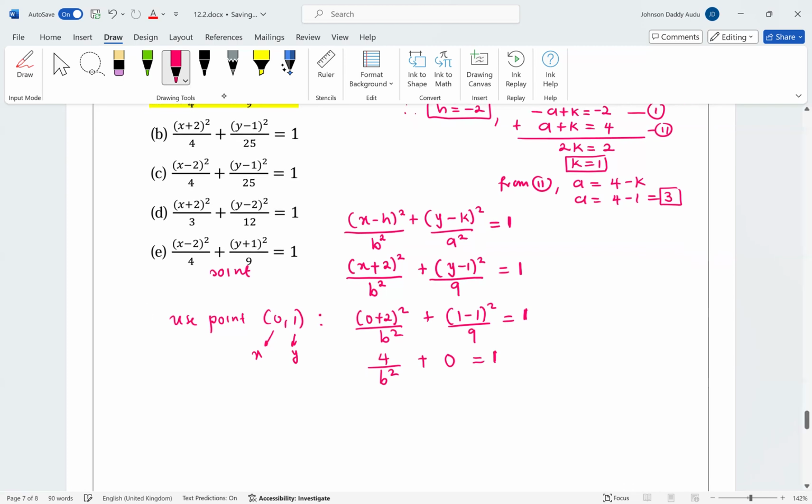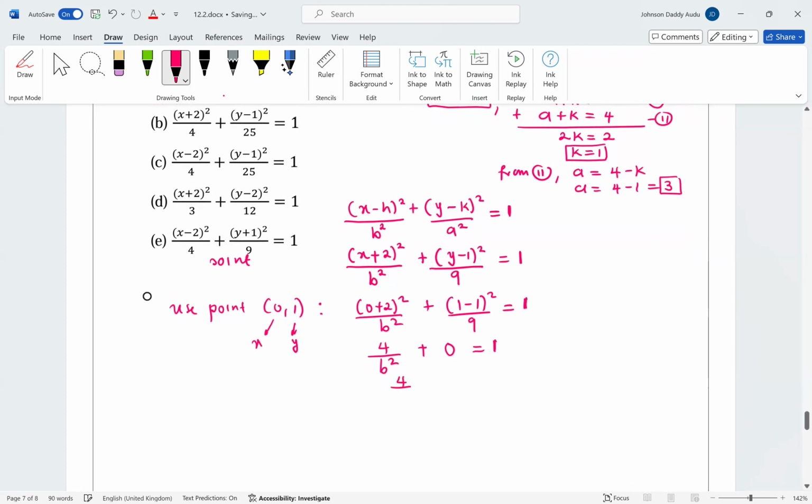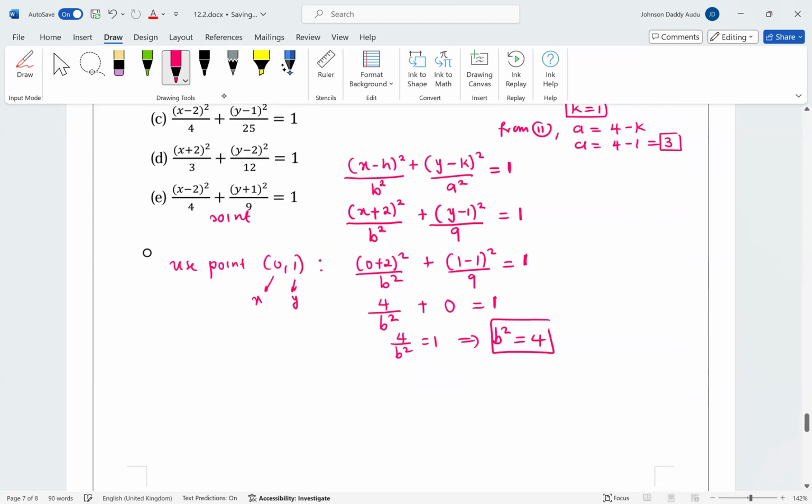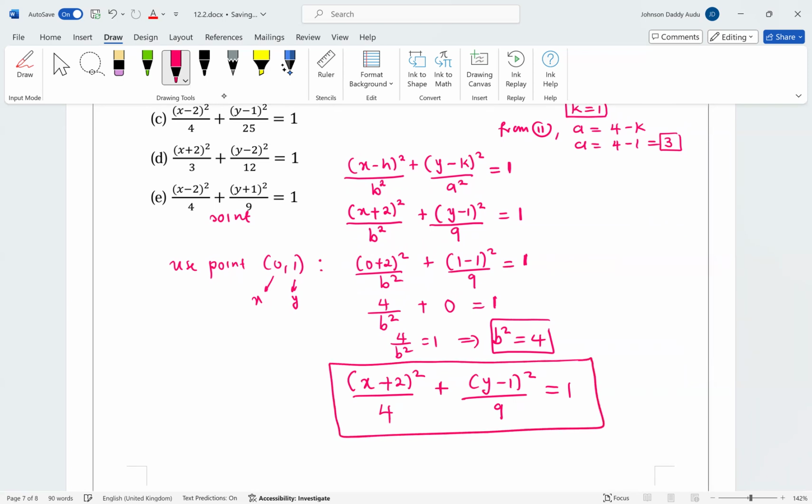So it means that 4 over b squared is equals to 1, and this implies that b squared is equals to 4. So with that, the equation will become x plus 2 squared over 4 plus y minus 1 squared over 9 is equals to 1. So this is the equation.